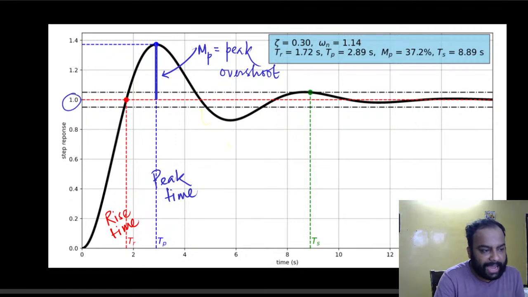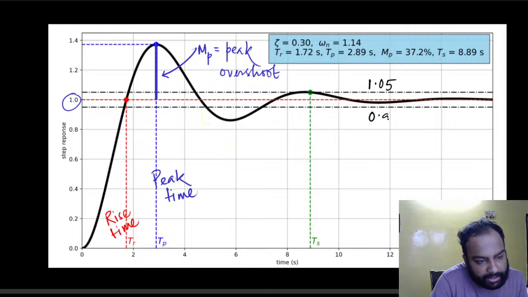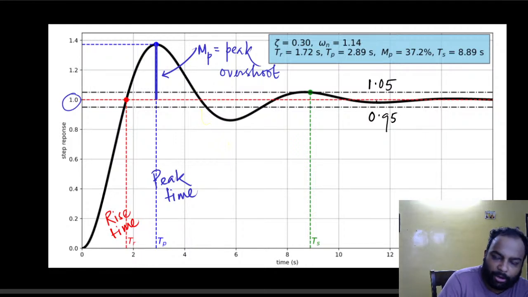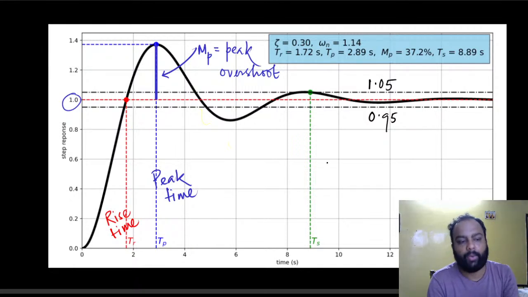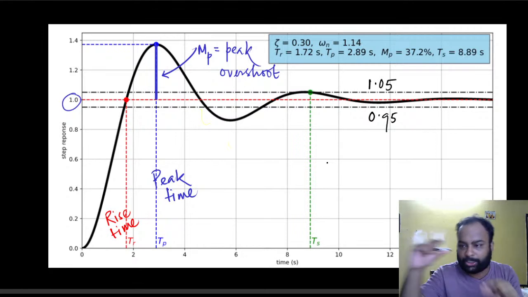This line here is denoting 1.05, and this line here is denoting 0.95. The red one is denoting the final steady state, which is a value of 1. So this is 5% above, 5% below. When the response reaches that band, 5% above and 5% below the final value, and there is also a criterion called the 2% criterion, where we take the band to be plus or minus 2%.